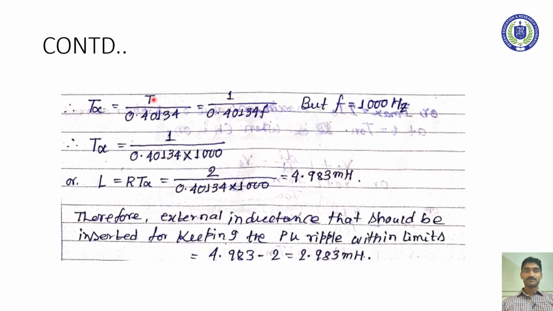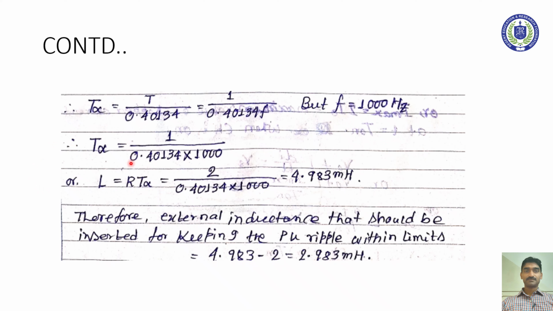Next, T alpha is equal to T by x. We put in the value, with T equal to 1 by f, the frequency, which we all know is 1000 hertz, as I said, 1 kilohertz. So we have converted 1 kilohertz to 1000 hertz.